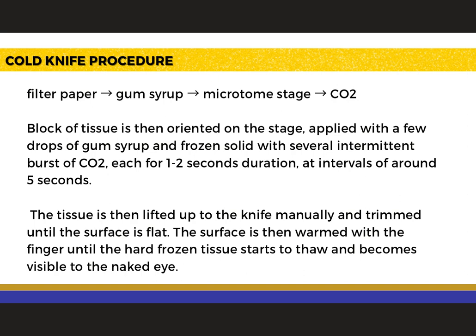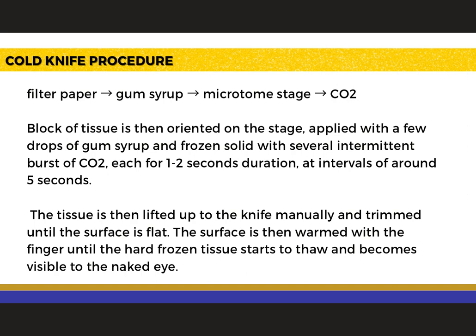So in here, a piece of filter paper soaked in gum syrup is placed on the microtome stage. Then a short burst of carbon dioxide is applied, freezing the filter paper on the stage.